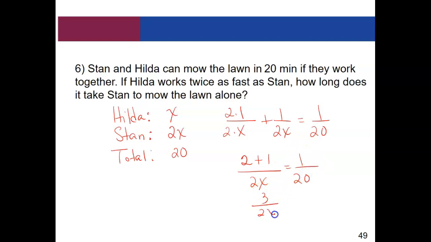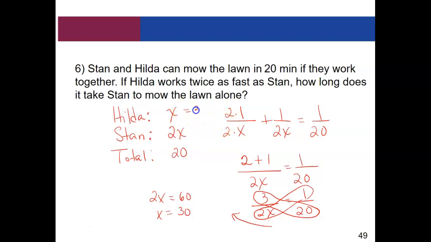So 3 over 2x is equal to 1 over 20. Here we do need to cross multiply to solve this. We'll multiply this way and get 2x, multiply this way and get 60. So x is going to be 30. So it's going to take 30 minutes for Hilda to complete the task, and it's going to take Stan 2 times 30 or 60 minutes to complete the task.